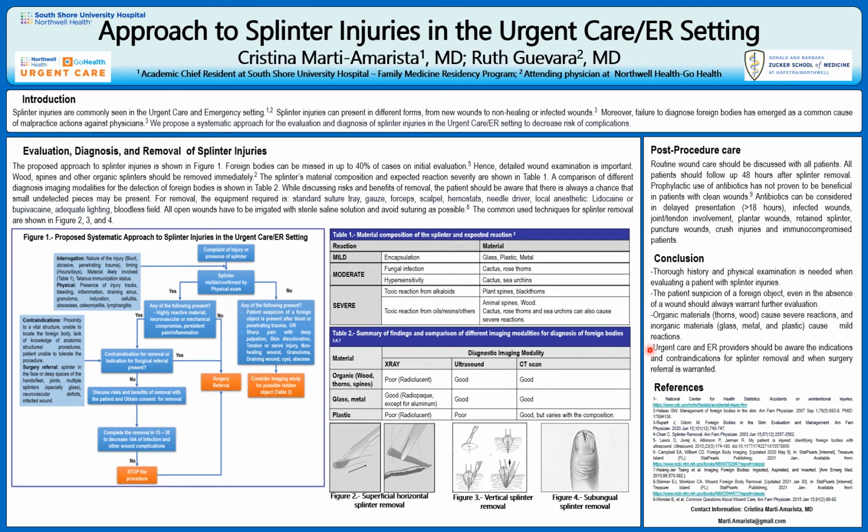Urgent care and ER providers should be aware of the indications and contraindications for splinter removal and when a surgical evaluation is warranted. I will add to this: always discuss with the patient that there is a chance that small undetected pieces may be present.